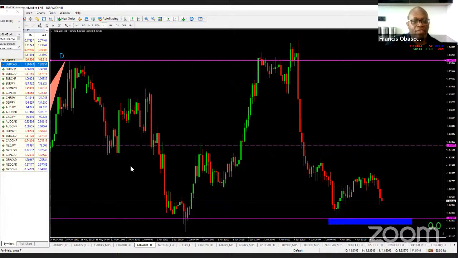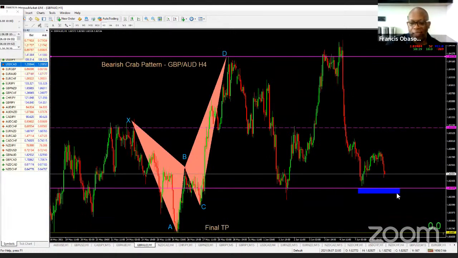This chart, I believe, is still on the Telegram channel. Otherwise, I'll be posting it after this session so that you can watch it and see what to do with it when price gets here. This is a bearish crab pattern.